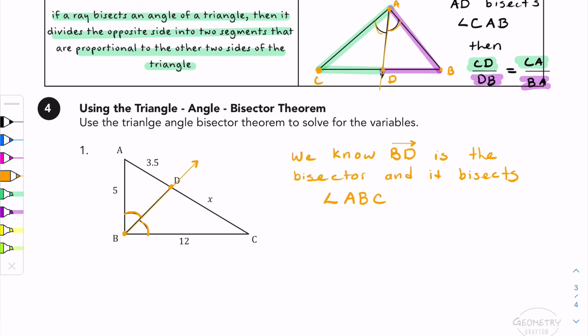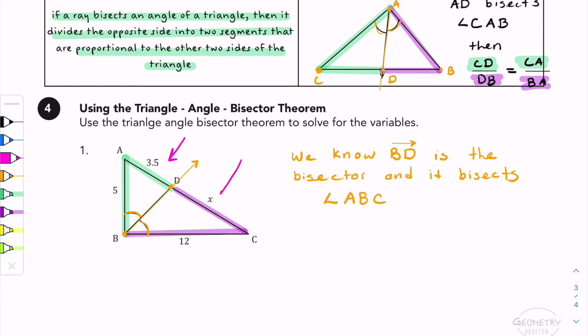So we're going to use the triangle angle bisector theorem to write our proportion, and I'm going to highlight the sides. This triangle is going to be in my numerator. This triangle will be the denominator. Now, an angle bisector intersects a side.